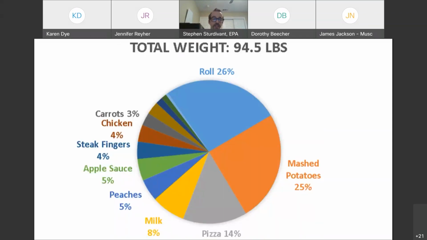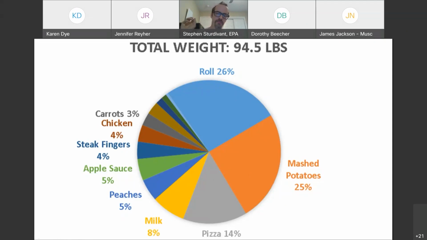Okay, so when you weigh the buckets, you can get something kind of like this, just an idea of what's being tossed by different food category. Now, this is the weight of the food, and I would actually encourage you to also measure the greenhouse gas emissions impact, right?